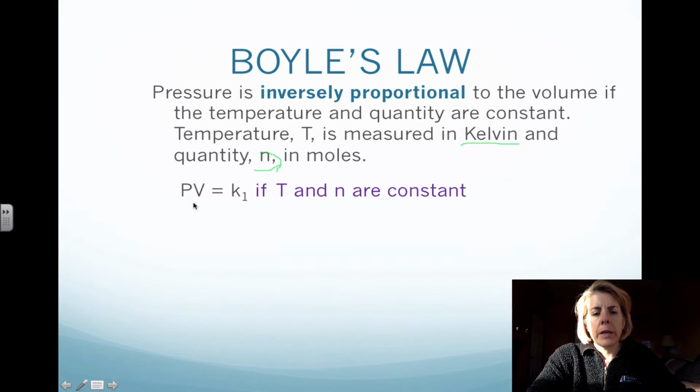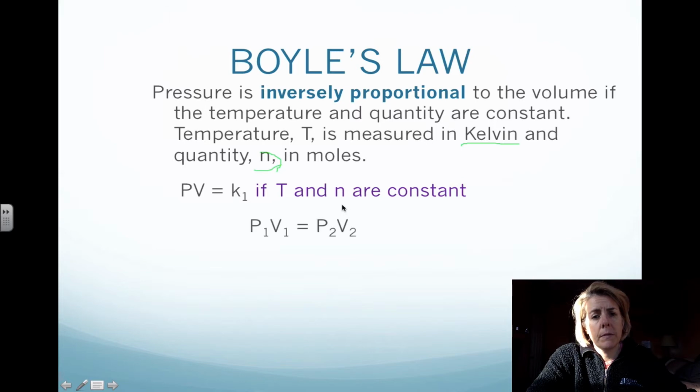In the lab, you're going to calculate a constant when you multiply pressure times volume, assuming temperature and the number of moles don't change. We can compare two different environments: P1 times V1 equals P2 times V2. If we don't know V2, we can use the other three values to solve for the unknown volume.